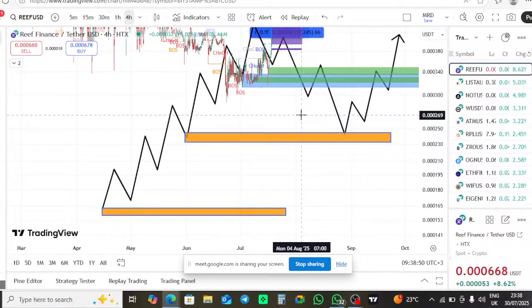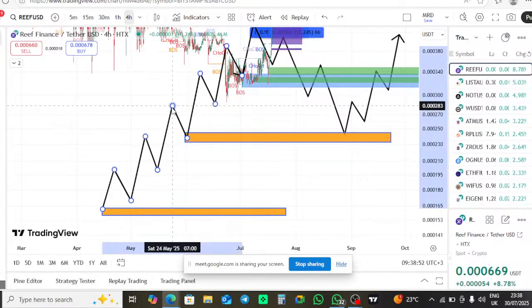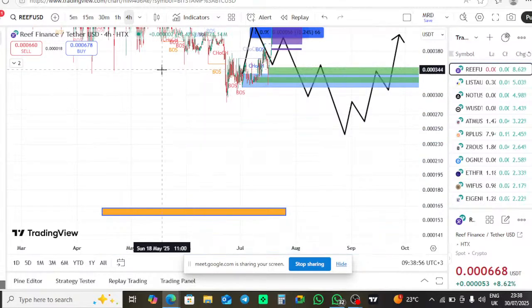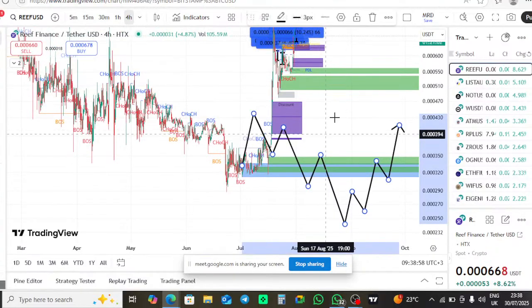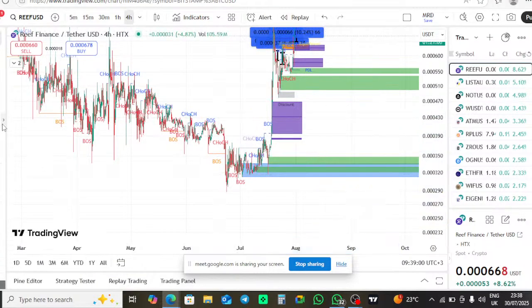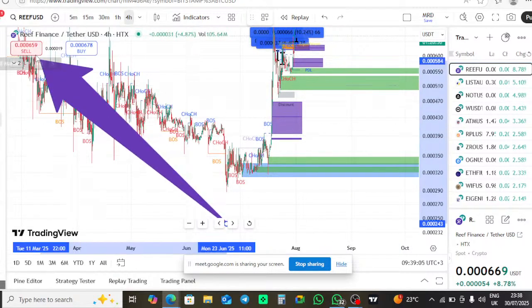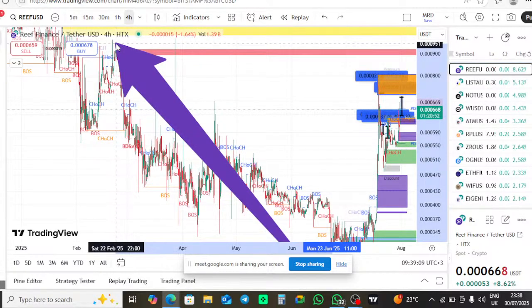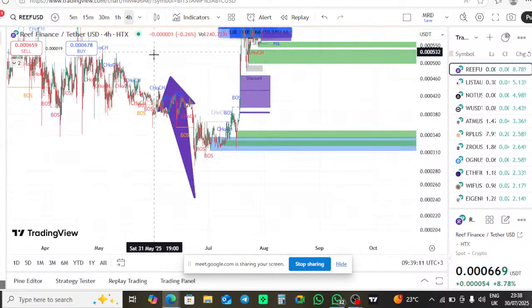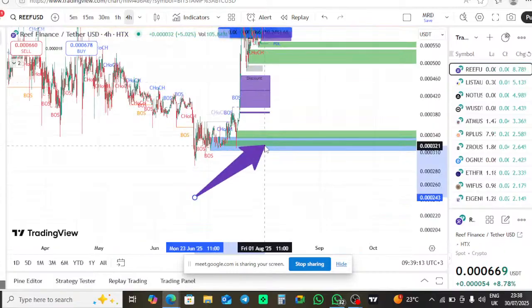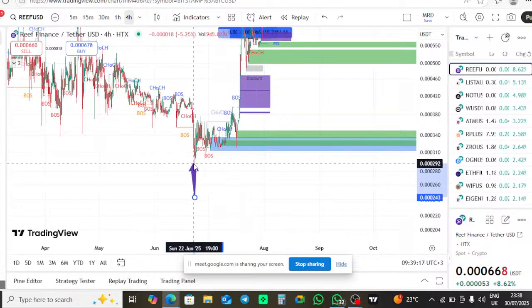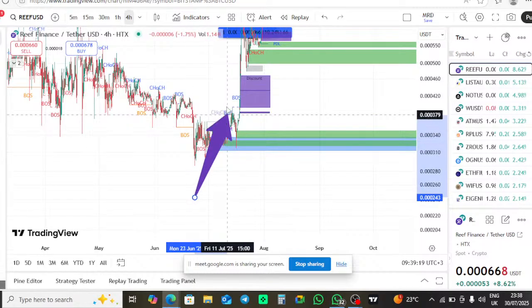For example, where we are now, we had our demand zone down here from the beginning, because this was the drop, the downtrend, all the way from here down to here. So this was the demand zone when the market was still around here.